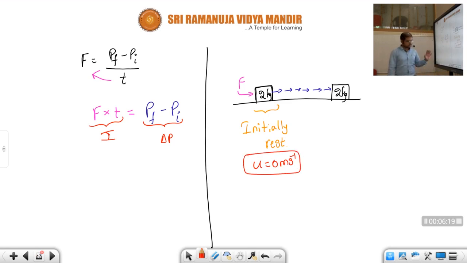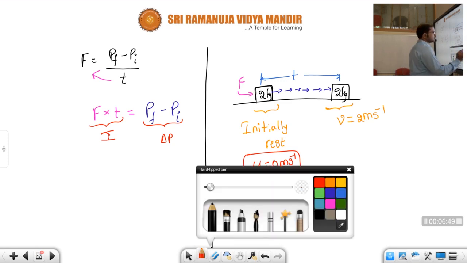Now force is applied, the block started moving. It takes some time, and then its velocity increased. Now its final velocity is 2 meter per second, from 0 to 2 meter per second.